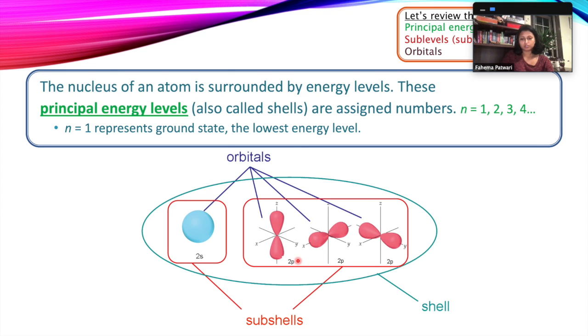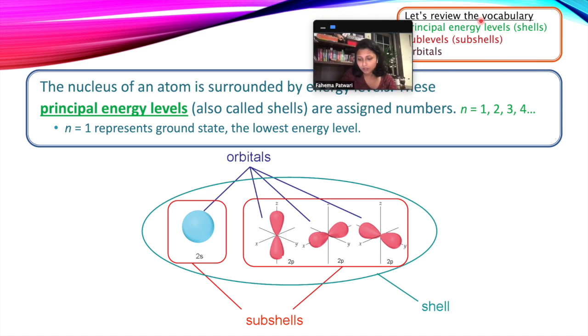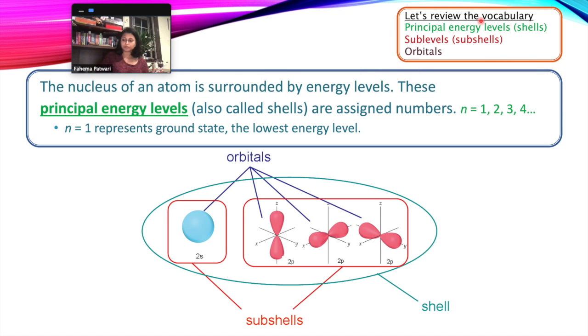Okay, so let's break this down a little bit. Okay, so vocabulary. Principal energy levels, right? We have energy level 1, 2, 3, 4. In this example, we're looking at energy level 2. Why? Because energy level 1, in n equals 1, there's just the one s.